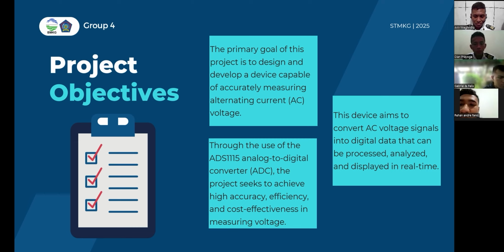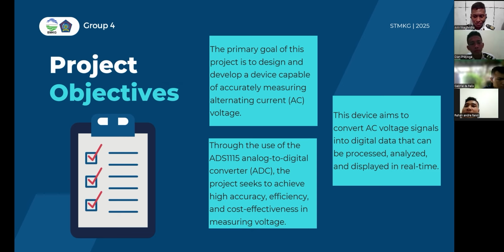Number two, this device aims to convert AC voltage signals into digital data that can be processed, analyzed, and displayed in real time. Number three, through the use of the ADS1115 analog to digital converter ADC, the project seeks to achieve high accuracy, efficiency, and cost effectiveness in measuring voltage.